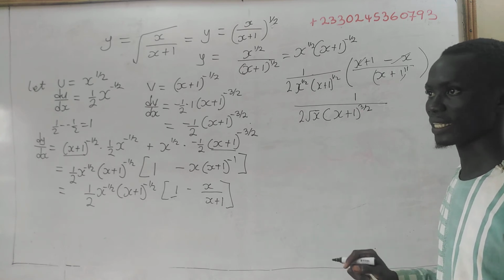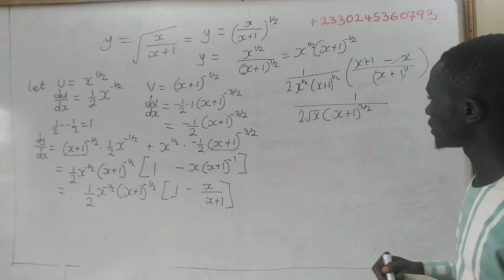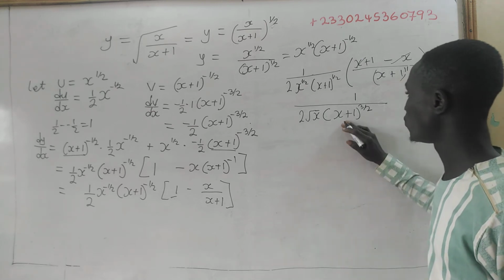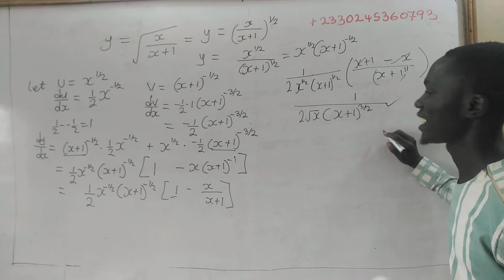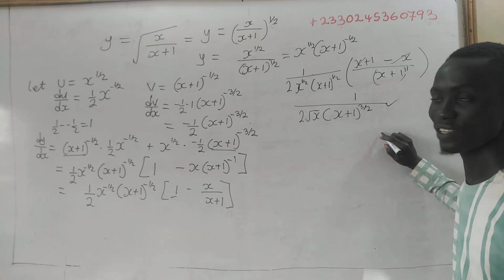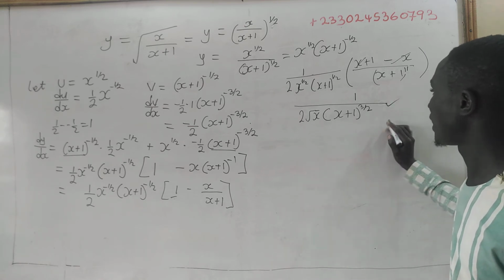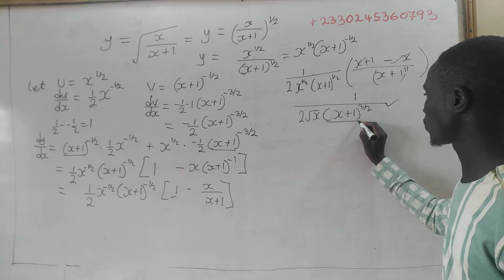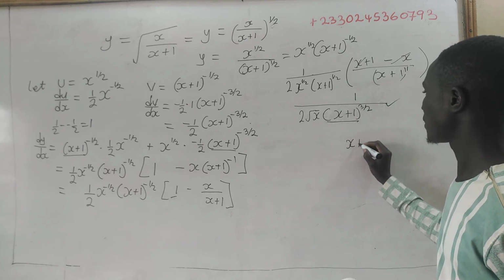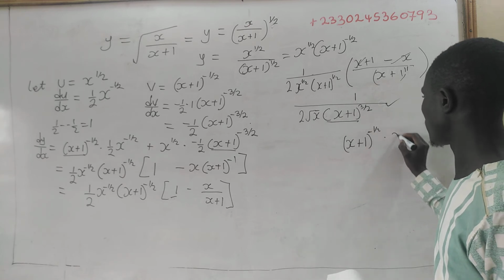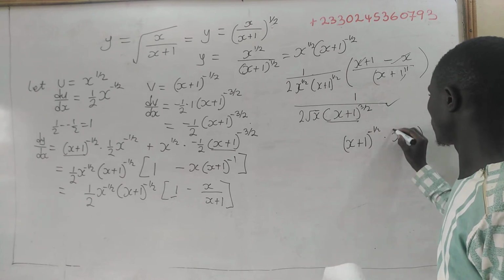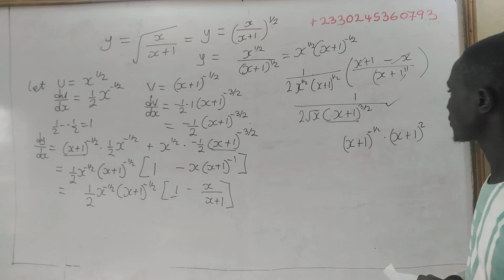Very simple as that. Now this answer can also be simplified further. But if you reach here, there's no need for you to go further, because this also is the answer. Very simple. But if you want to go further, you can split this one to become x plus 1 to the power negative half times x plus 1 to the power 2.